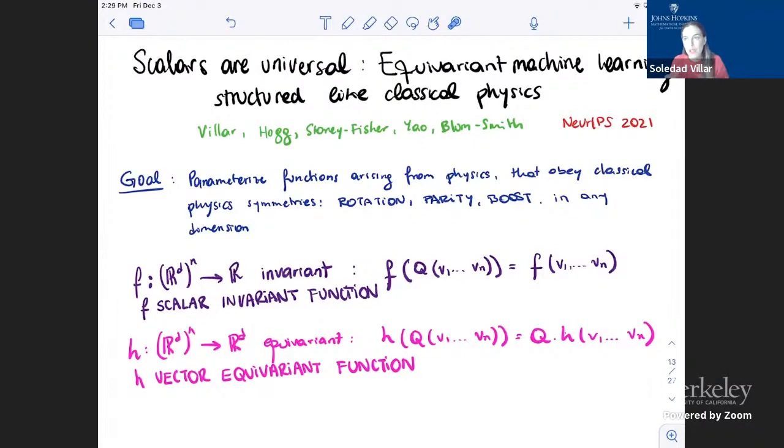The approach is very simple, and it doesn't depend on the dimension of the space. The idea is: given n vectors in R^d, I want to parameterize invariant functions, and given n vectors in R^d, I want to parameterize vector equivariant functions, so the output is a vector in R^d.